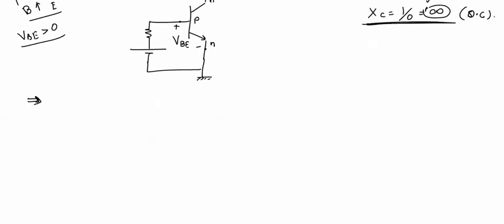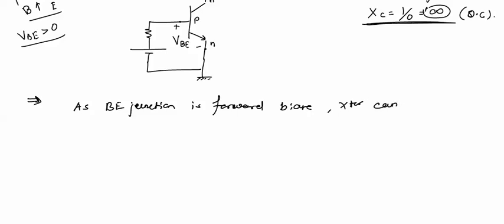If the base emitter junction is forward biased, the transistor can be either in active or in saturation.